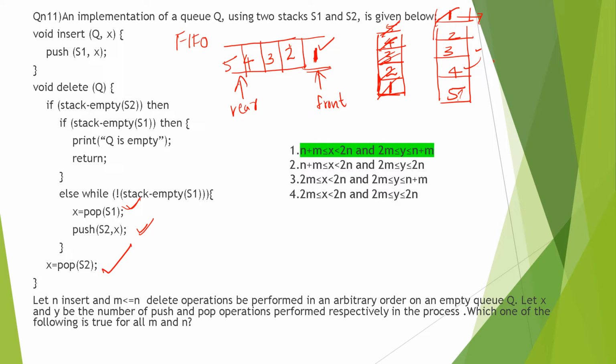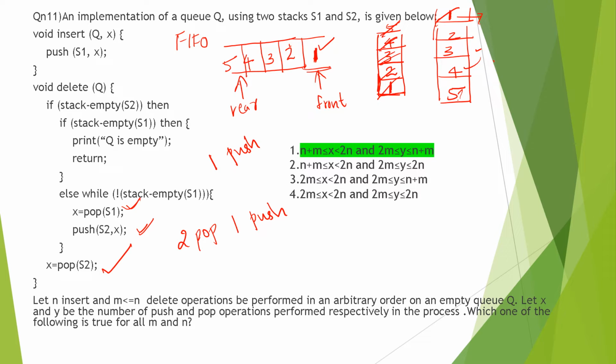So for each delete we need 2 pops and 1 push, and for a single insertion we need only 1 push, no pop is required. So this is the way a queue is implemented using 2 stacks.